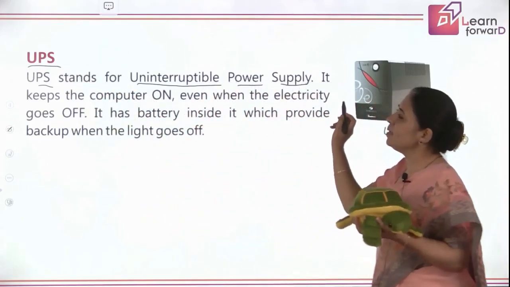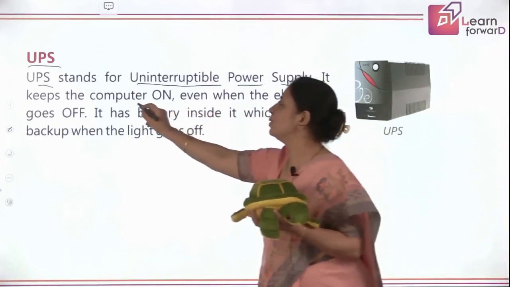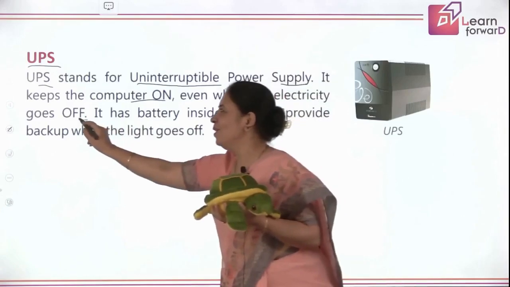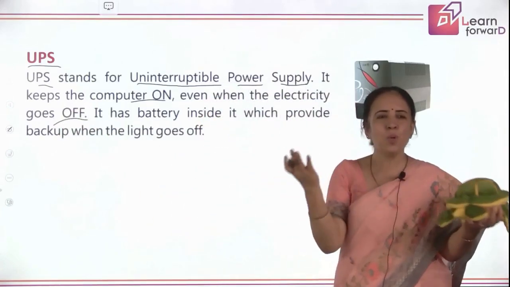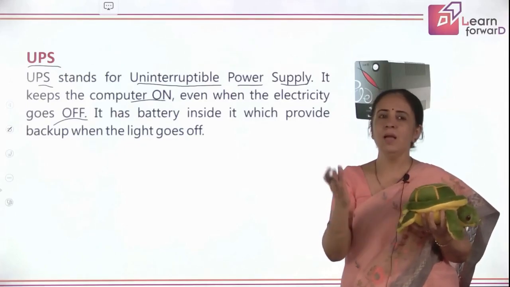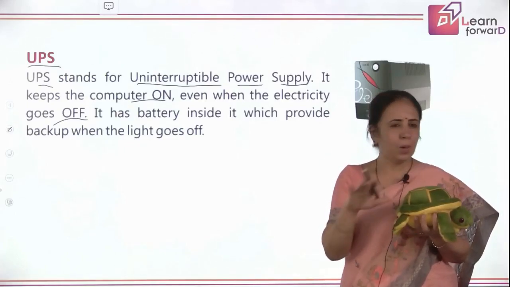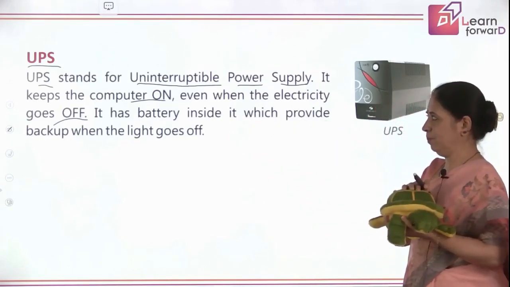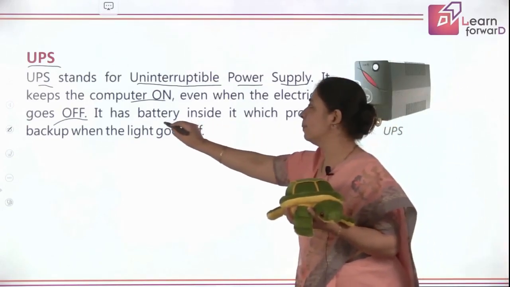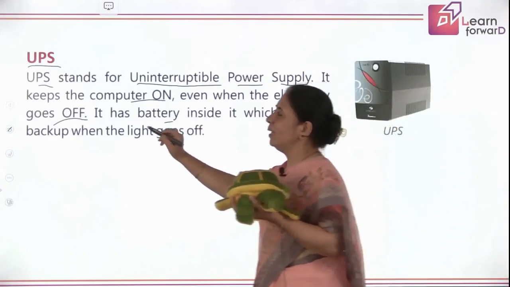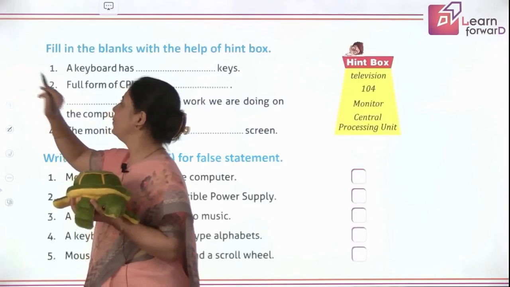UPS keeps the computer on even when the electricity goes off. It is the solution when there is no power, but we want the work to be done continuously without any break. It basically has a battery inside it which provides the backup when the light goes off.